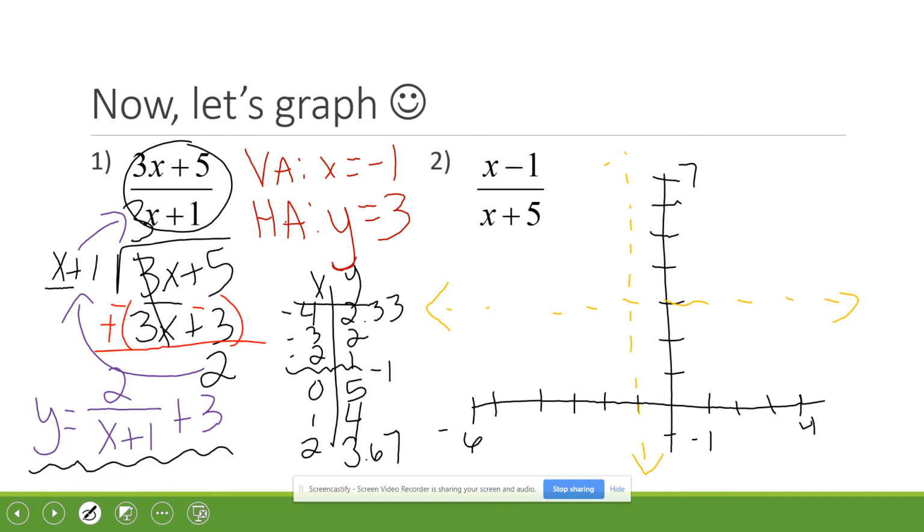Plot my points. Negative 4, 2.33, roughly here. Negative 3, 2, and negative 2, 1. First part of my graph. And then 0, 5, 1, 4, and 2, 3.67, which is going to be super close there. And the other part.